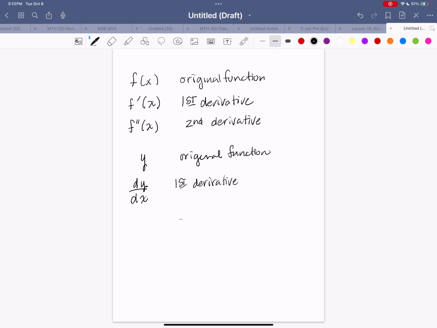And then the second derivative is written d2y over dx2. And those are not squares, and that's why I'm saying d2y instead of d squared y. It's d2y. And we just say second derivative when we see that. Now, your book and the stuff you see online is going to use these interchangeably. So that's why we go over this.